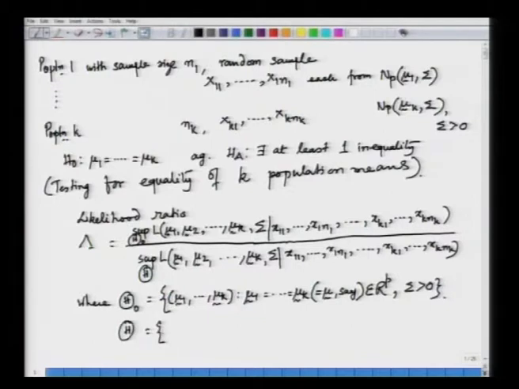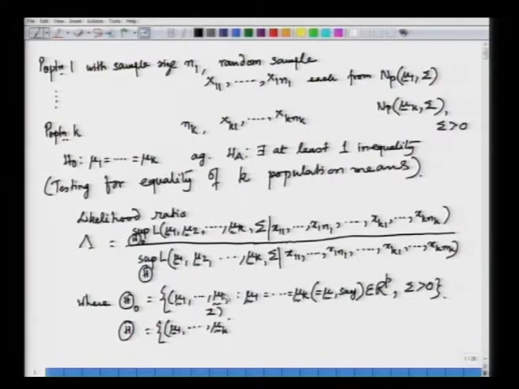It is just rewriting the parameter space, because we do not have any assumptions here, and we have mu1. We have not mentioned the sigma here. So, obviously, we have to do this.